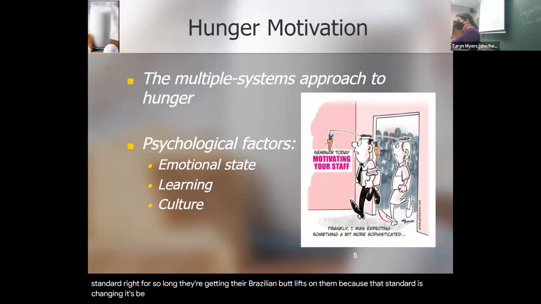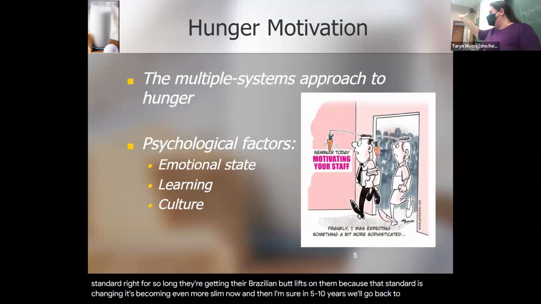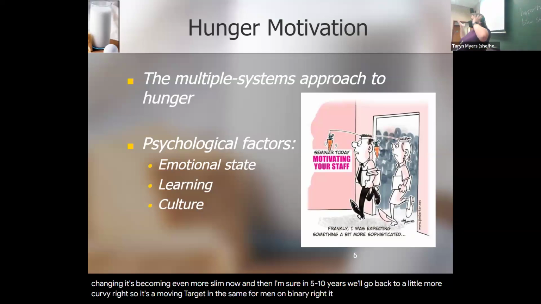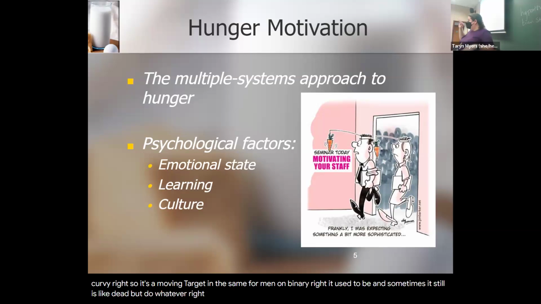It's becoming even more slim now. And then I'm sure in 5-10 years, we'll go back to a little more curvy, right? So it's a moving target, and the same for men, for folks who are non-binary, right? It used to be, and sometimes it still is, dad bod, do whatever, right? And then sometimes it's like, no, you gotta look like The Rock, right? And we all know no one can actually look like The Rock.